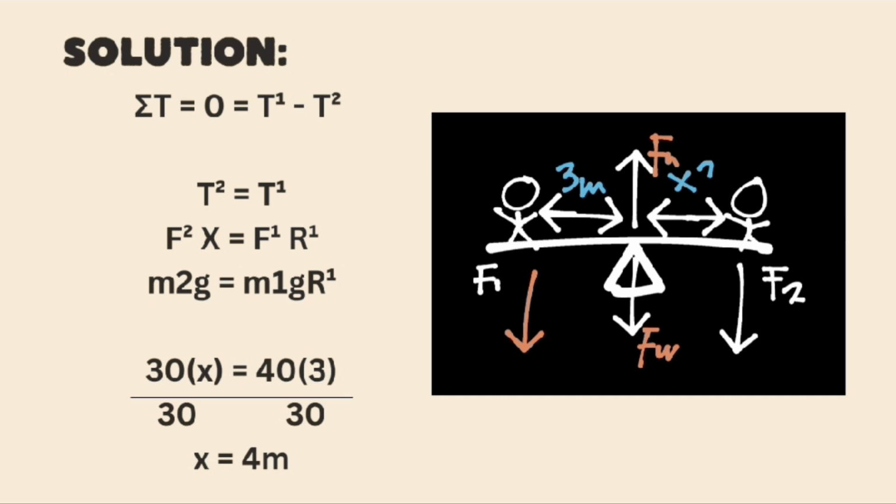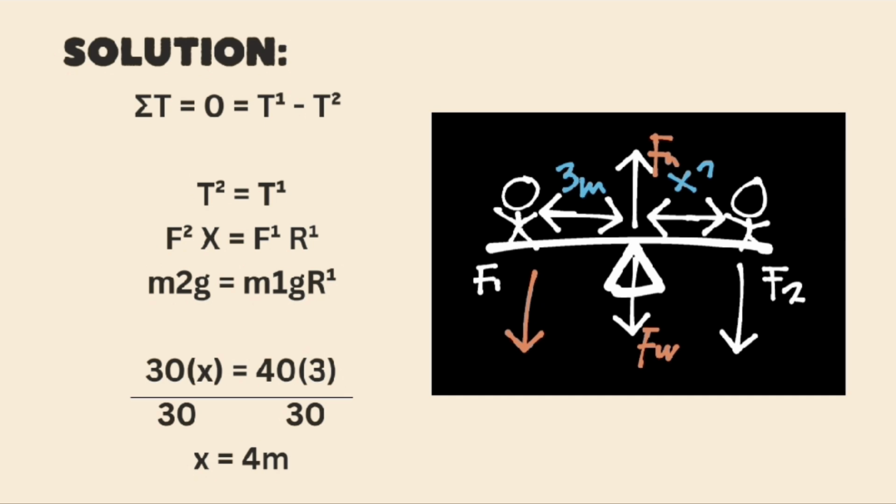So that is F2 times R2, which is F2 times X, equals T1, that is F1 times R1, that is F1 times 3 meters, and F2 is M2G, and F1 is M1G.